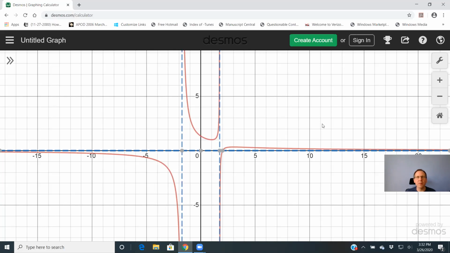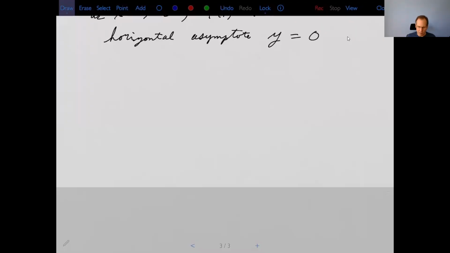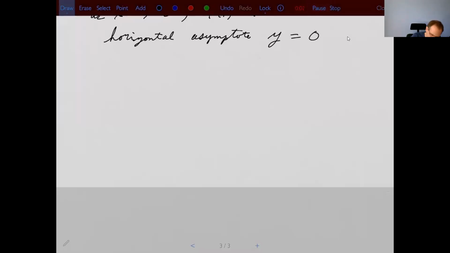Okay, let's look at case 2. So that was case 1, where the denominator is greater than the numerator. You're always going to have a horizontal asymptote of y equals 0 if that's the case. Okay, so here's the next case, case 2.